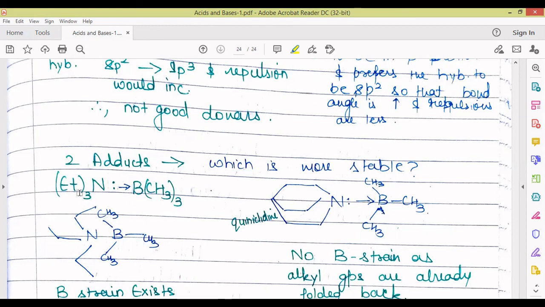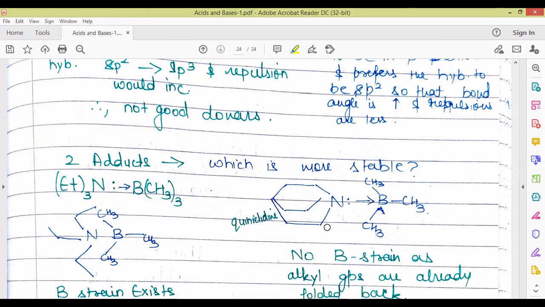So this is going to be a bad base in comparison to quinuclidine for trimethylborane. Here no B strain is there, as the alkyl groups are already folded back. Here the ethyl groups will have to fold back. It will require some energy. So there is no feasibility of this reaction taking place in comparison to this.